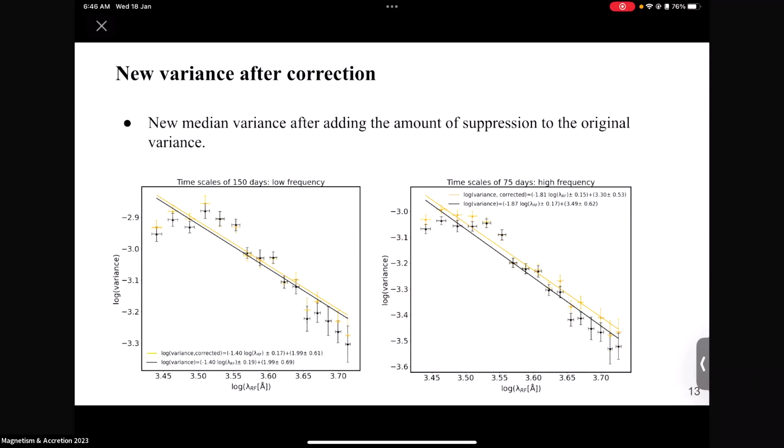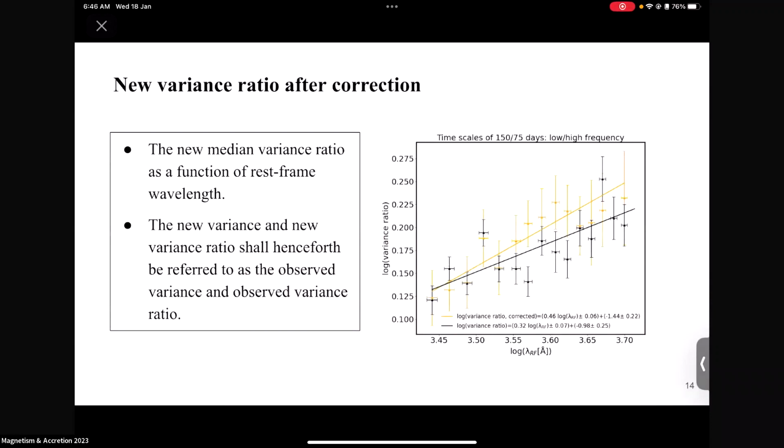So here we can see that the new variance is a little bit higher than the variance obtained before. After this correction, we also find the variance ratio, and this variance ratio is the variance at the 150 days time scale to the variance at the 75 days time scale. So now we will term these the observed variance and observed variance ratio, the new variability features.